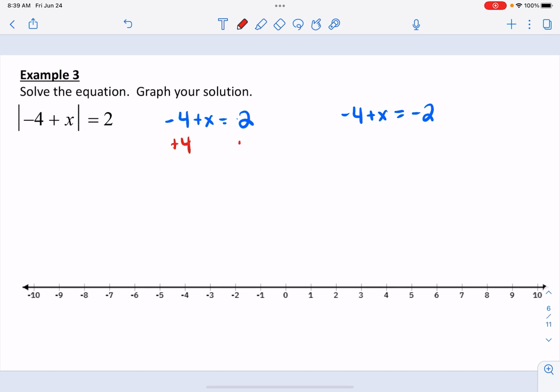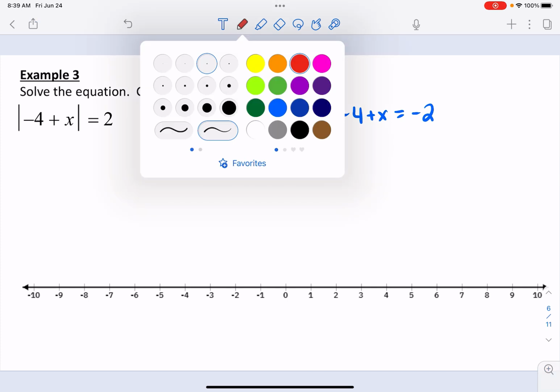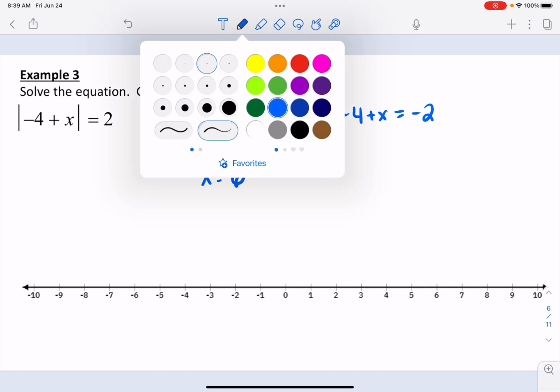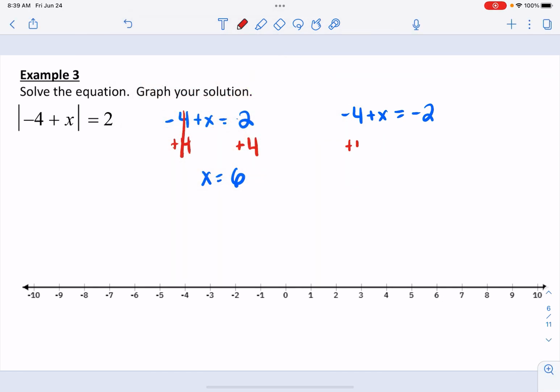I add 4 to both sides. That results in x equals 6. I add 4 to both sides. That results in 2. So my answer is 6 and 2.